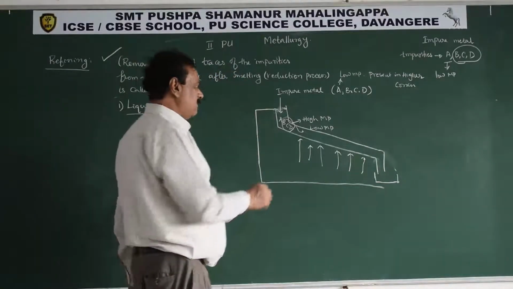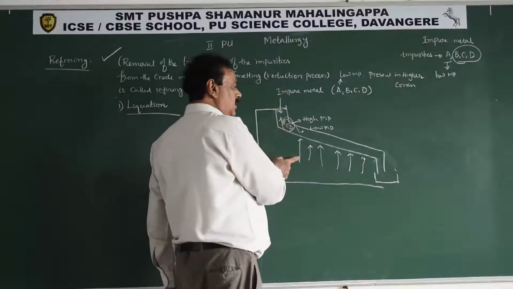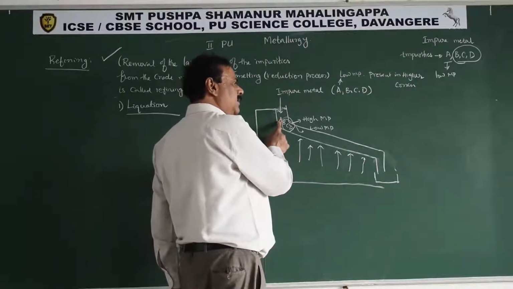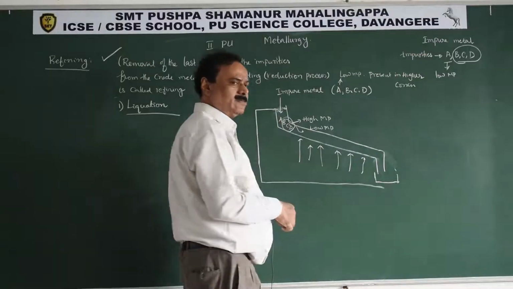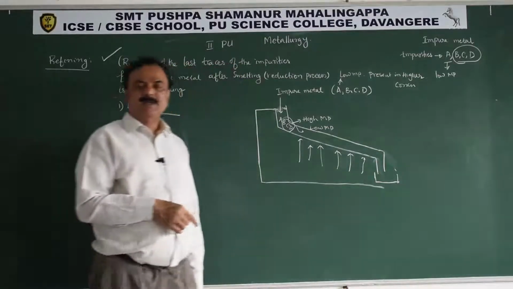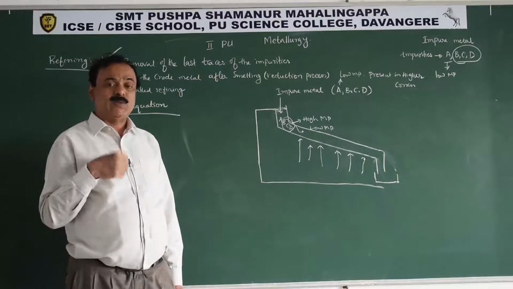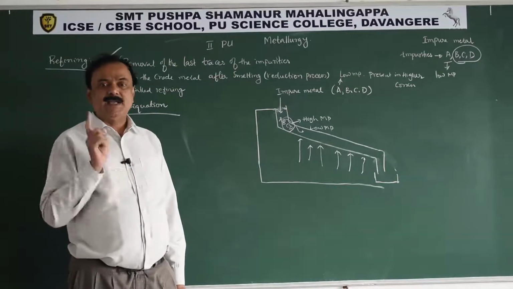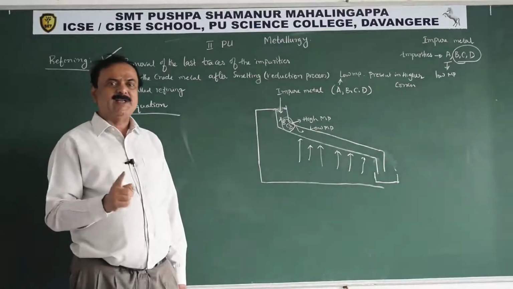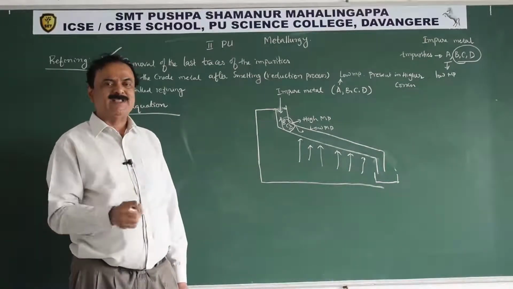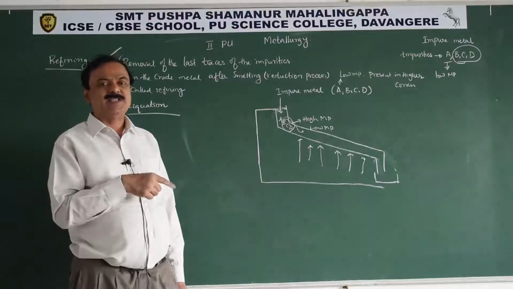Then what happens? When A reaches above its melting point, it is liquefied. B, C, D have higher melting points and are present in lesser quantities.